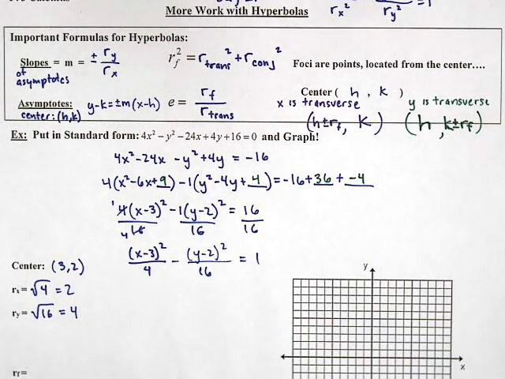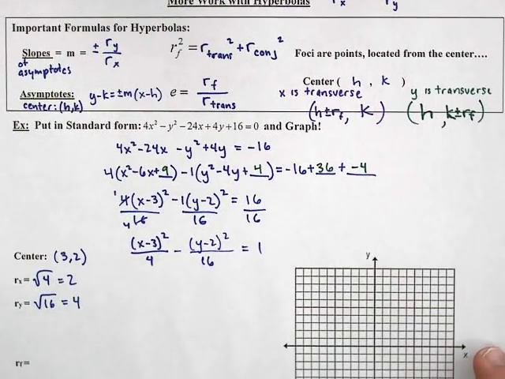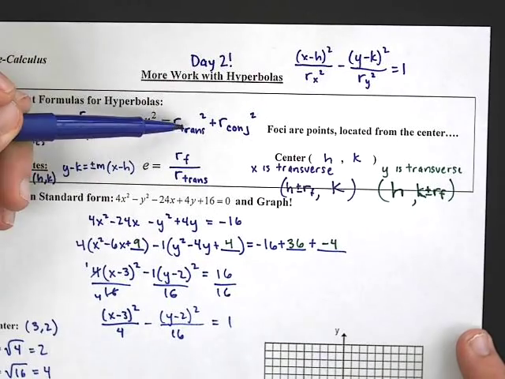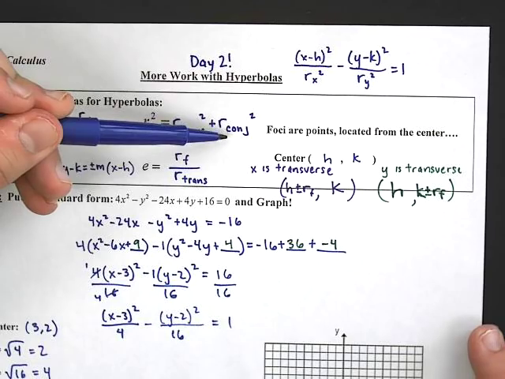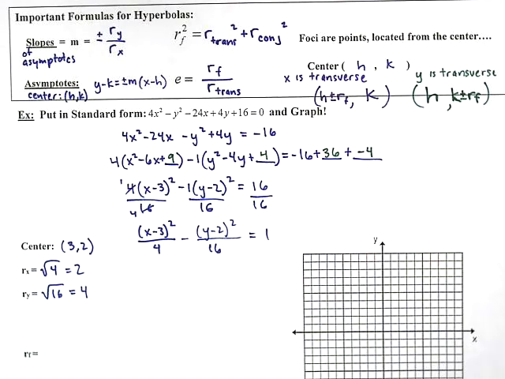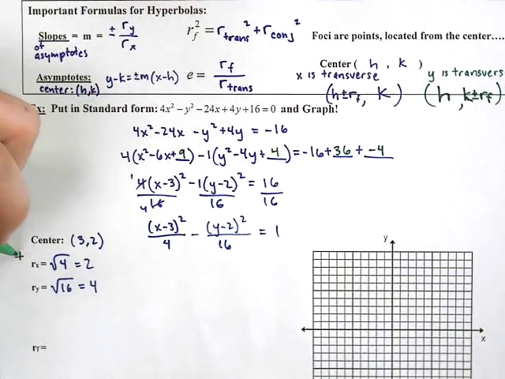Now, a couple of things real quick. We want to get the focal radius. If we look at focal radius, usually we care about the transverse and the conjugate radii. Which one's going to be the transverse? Well, if my first piece is x, then this is going to be my transverse.